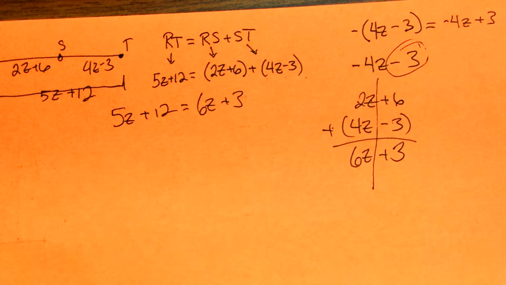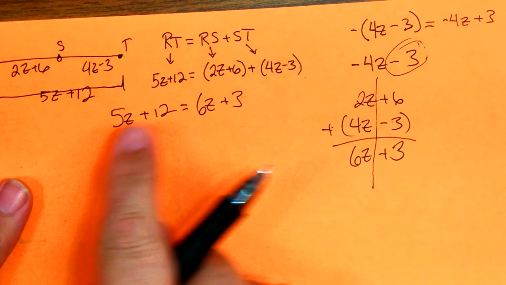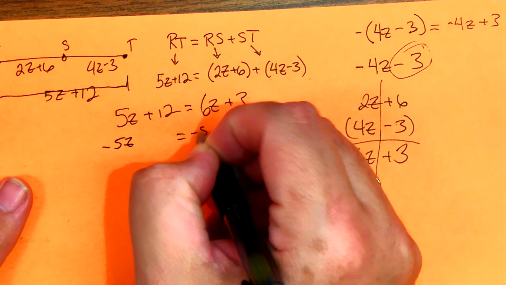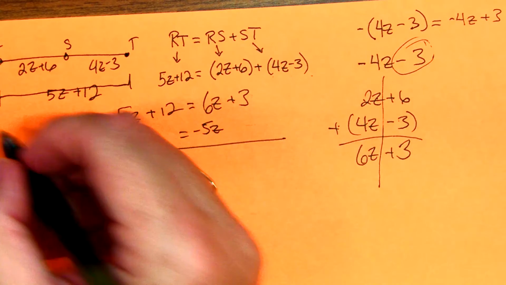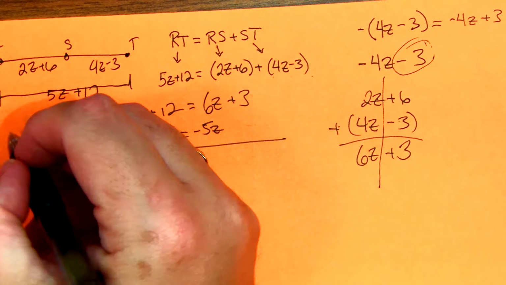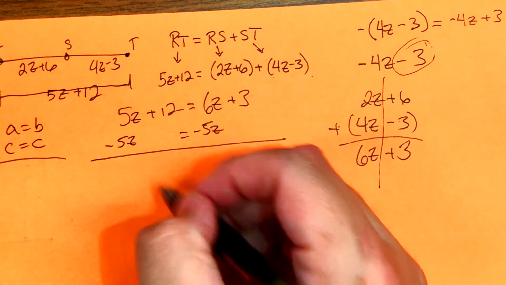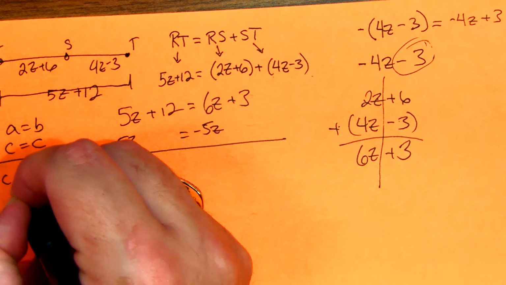And at this point, I'll say to myself, all right, I have 6 Z's over here, I have 5 Z's over here. I'll subtract 5Z from both sides. So I'll say negative 5Z is equal to negative 5Z. Because remember, I always use the whole idea that A equals B and C equals C, then you'll get A plus C is equal to B plus C. I always add.